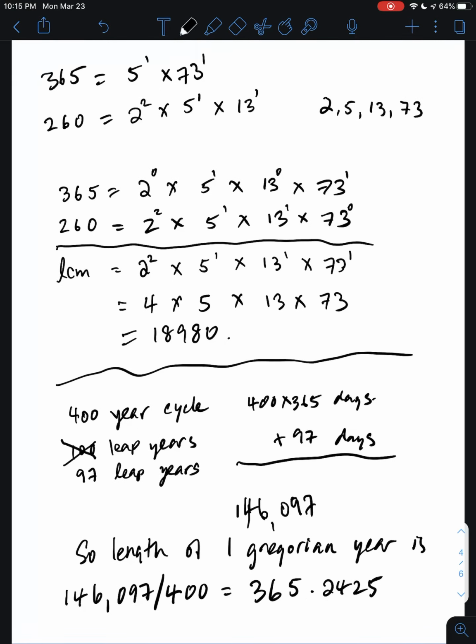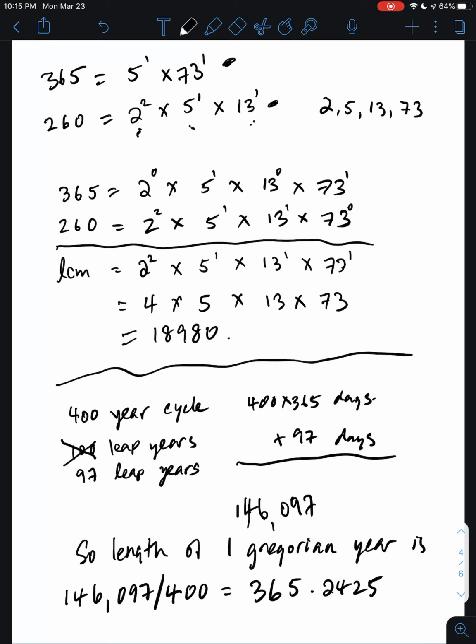So now I'm going to rewrite those factorizations using my nice notation. 365 is 5 to the power 1 times 73 to the power 1. 260 is 2 to the power 2 times 5 to the power 1 times 13 to the power 1. And the convention is I put the primes in increasing order, 2, 5, 13, and then the correct exponents on them.